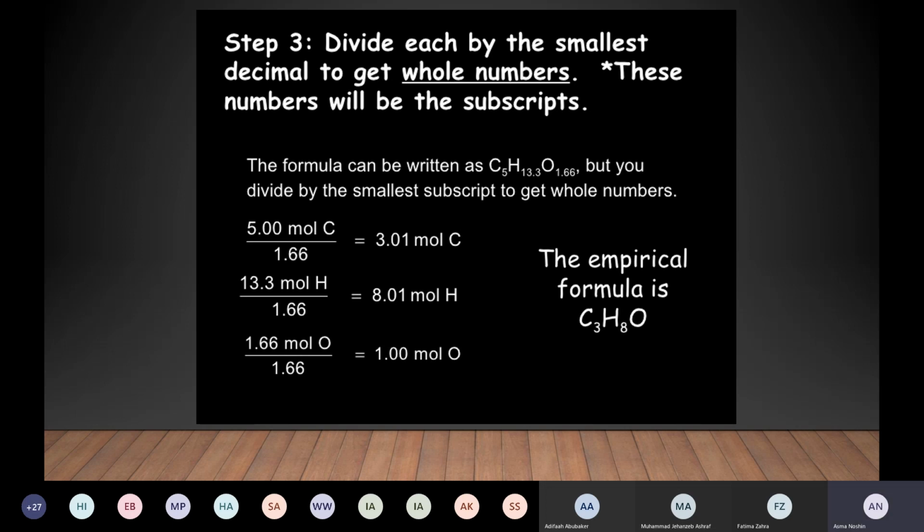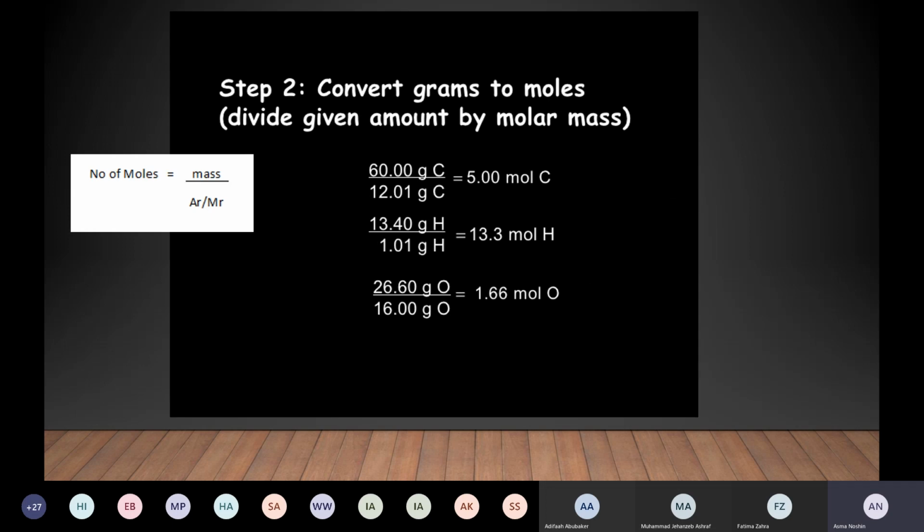So what was the first step? First step was, if you have masses in grams, no need to convert them. But if the masses of elements are given in percentage, they should be written in grams first. This was our first step. Okay. What was the second step? We have to find number of moles for each element separately. And then what was the third step?